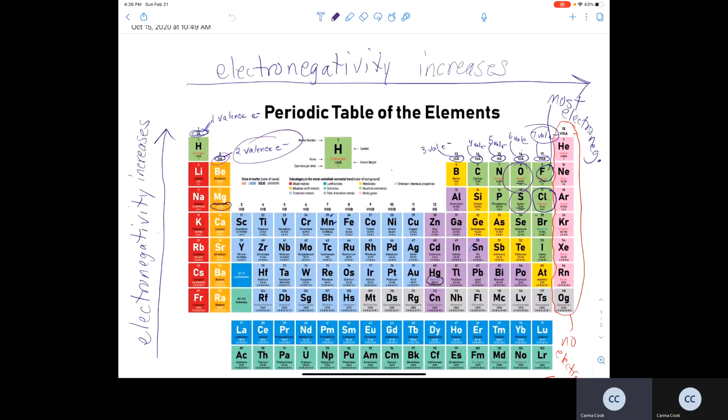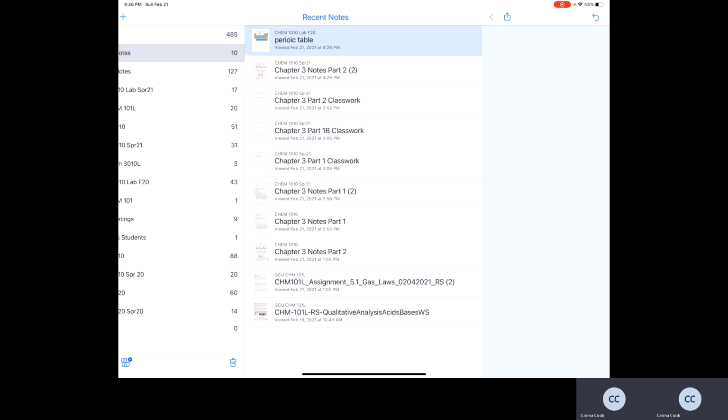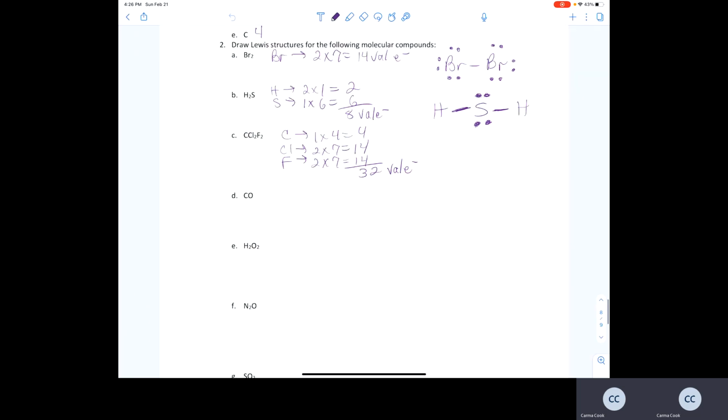Carbon is farther to the left than fluorine and chlorine, and electronegativity increases as you go farther to the right. So therefore, carbon is going to be the central atom because it's the least electronegative. And we're going to connect via single bonds, each chlorine and each fluorine to the central carbon.